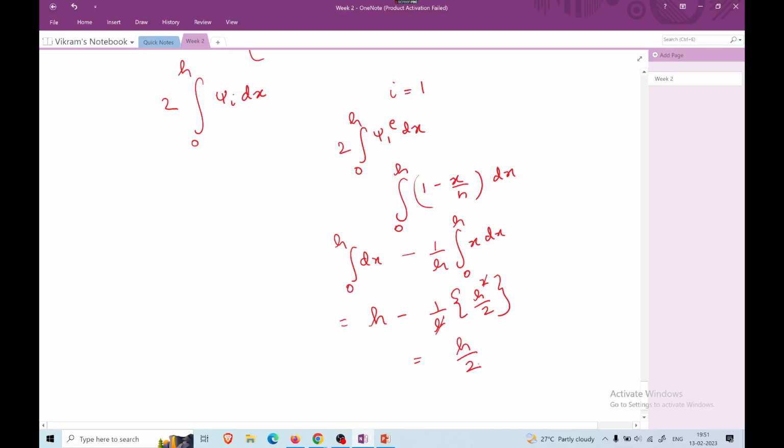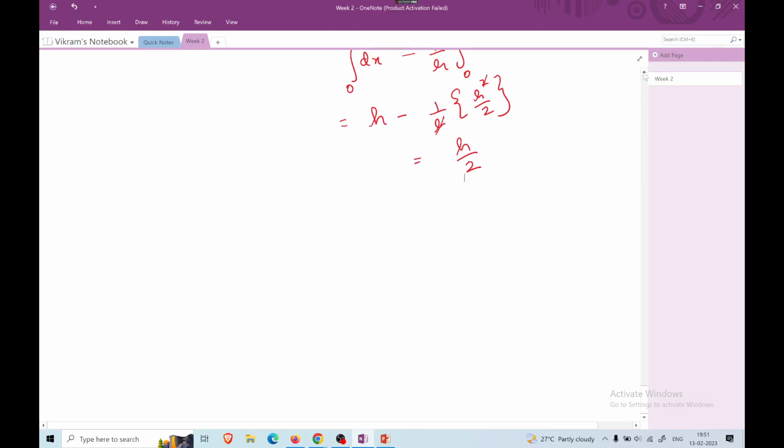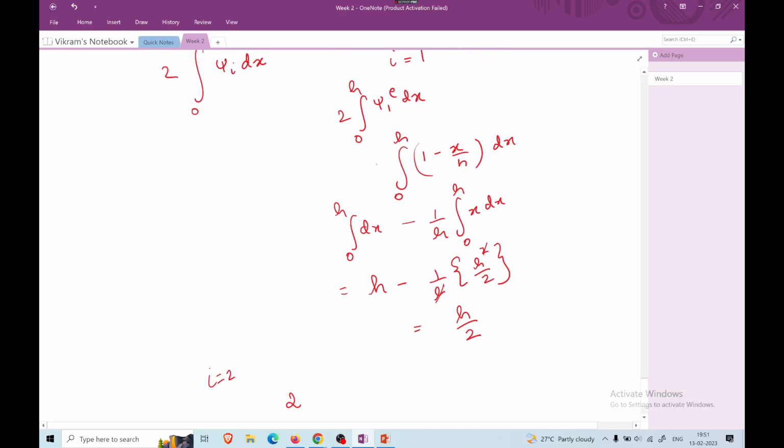This is h by 2. And at i equal to 2, okay, it was 2 times, I think. Okay, the entire thing into 2.